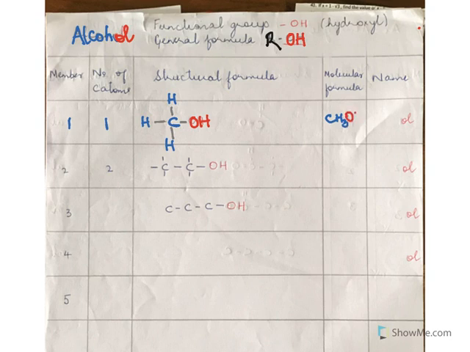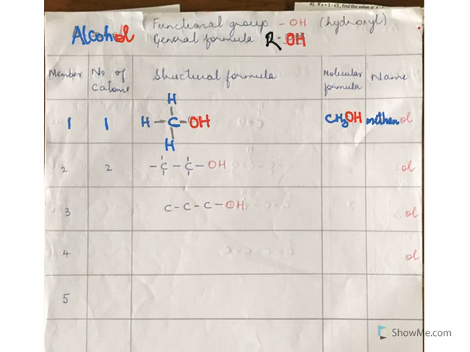The functional group is OH, and because it has got one carbon, it is called methanol. OL means alcohol, it has an OH group, and meth means it has got one carbon.